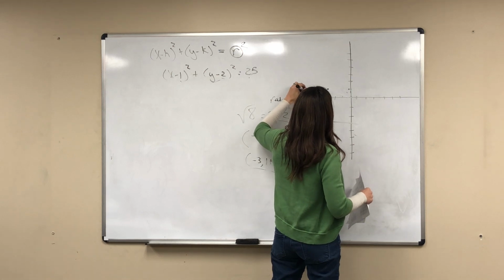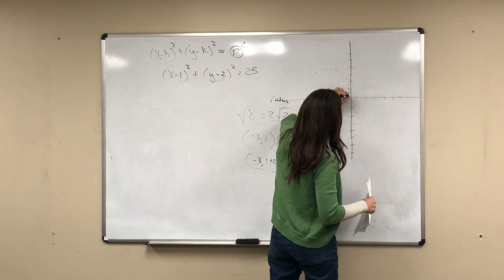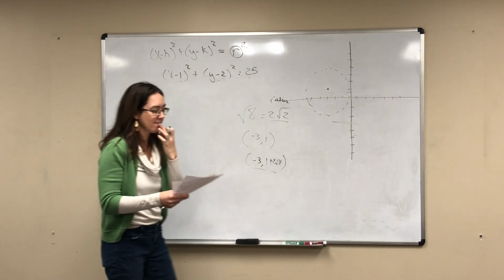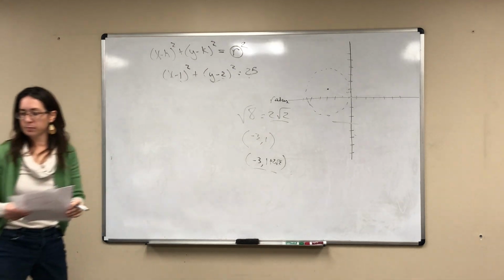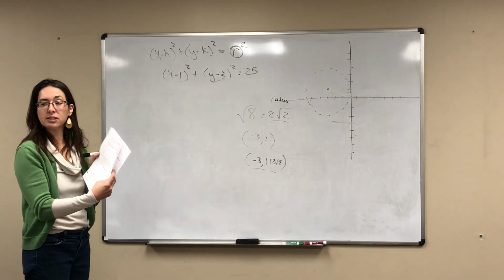So it'd be negative, almost 3. So then you would just graph it like that. Almost 3. That make sense? That's number 4.